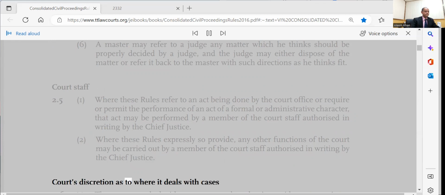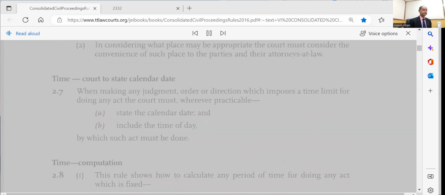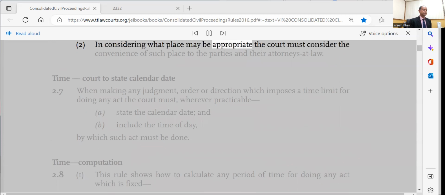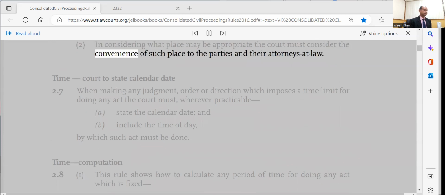Court's discretion as to where it deals with cases 2.6. 1. The court may deal with a case at any place that it considers appropriate. 2. In considering what place may be appropriate, the court must consider the convenience of such place to the parties and their attorneys at law. Time. The court to state calendar date 2.7.